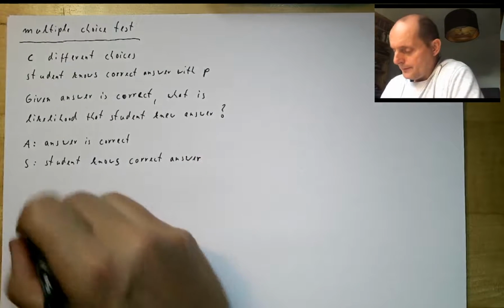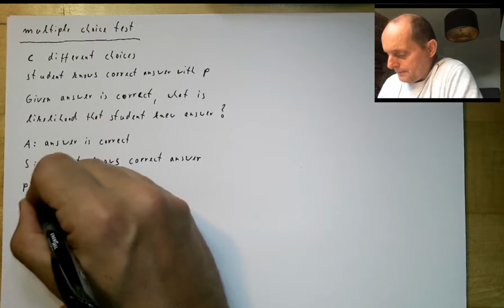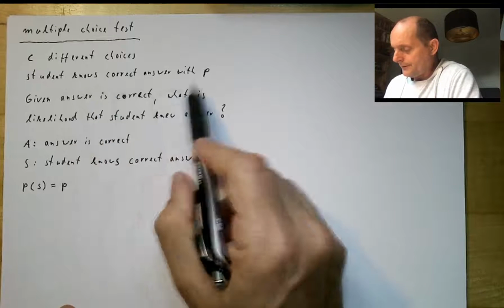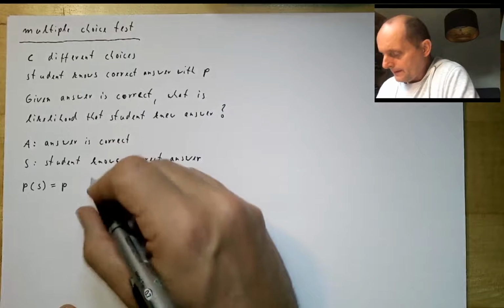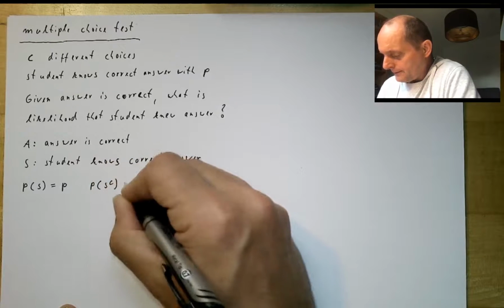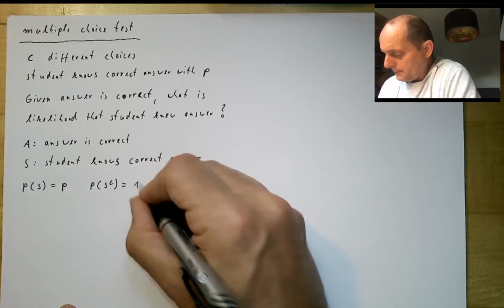And so we can already say P of S equals P, because that was our assumption, and the probability that the student doesn't know the answer equals 1 minus P.